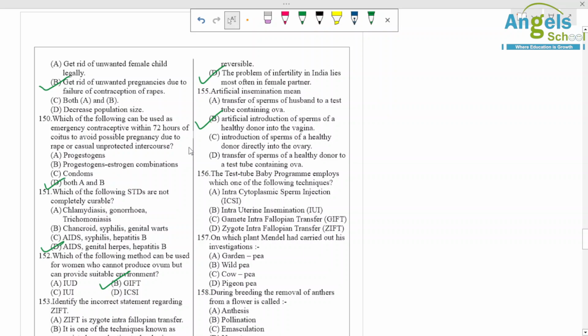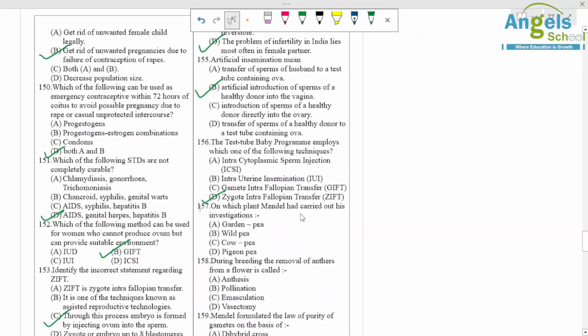The test tube baby program employs which one of the following techniques? In the test tube baby program, IVF-ET is followed. On which plant did Mendel carry out his investigation? The garden pea plant.